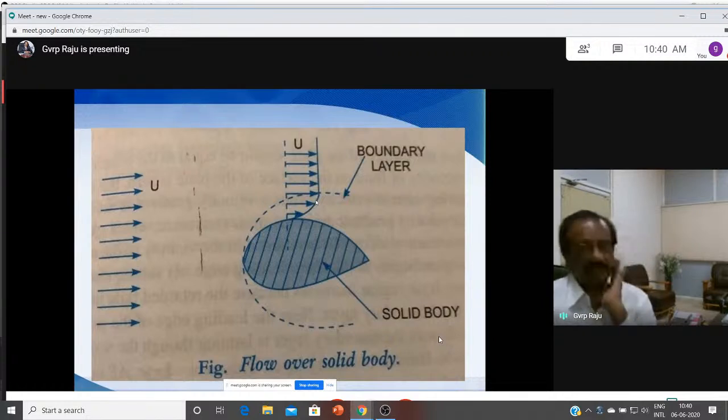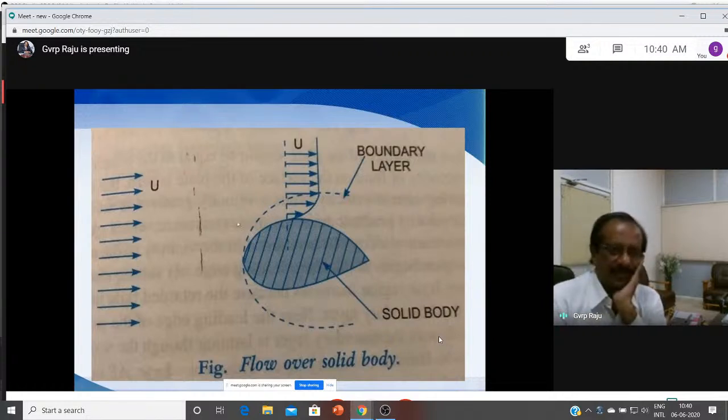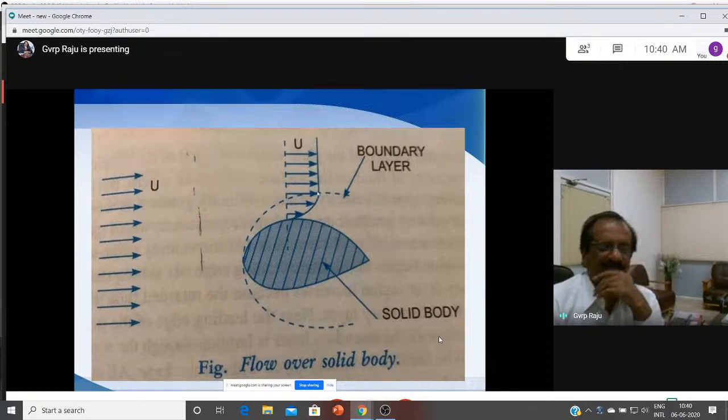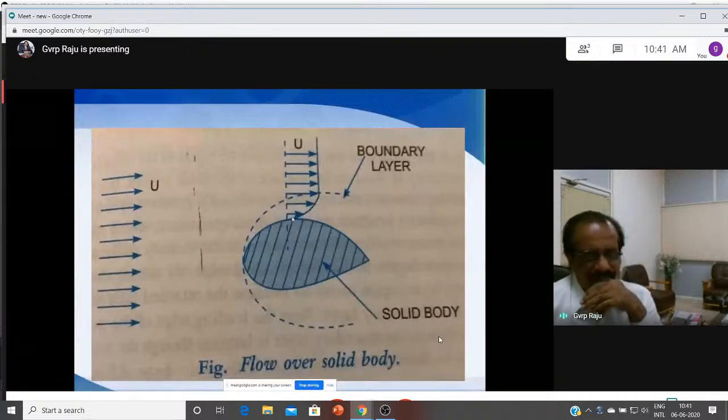So what is du by dy for the fluid inside the boundary layer? Here du means change of velocity. Here the velocity is capital U, and here the velocity is 0, so the change of velocity is capital U minus 0.